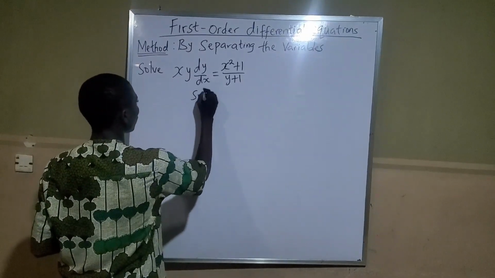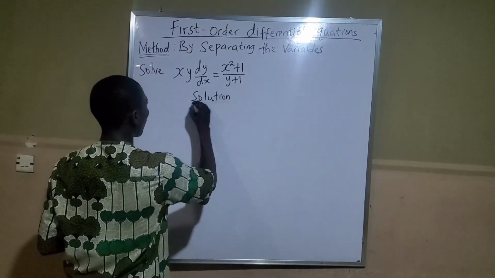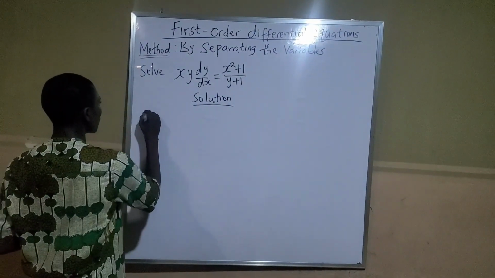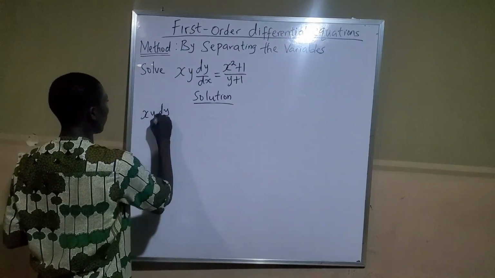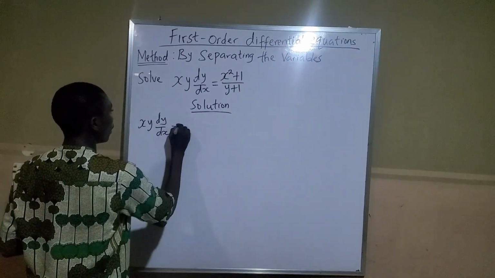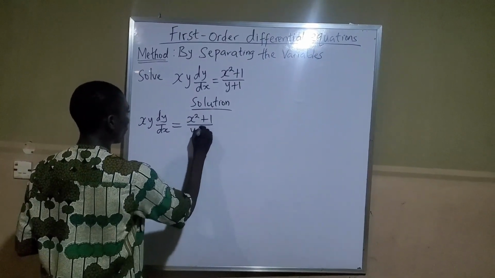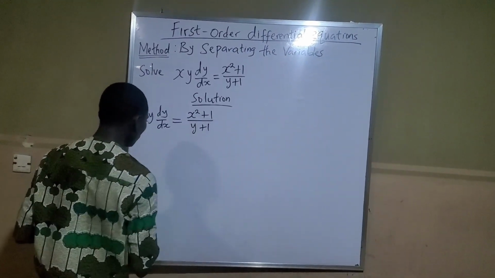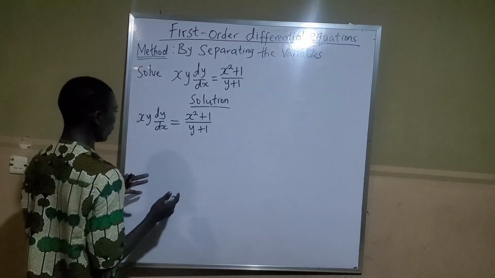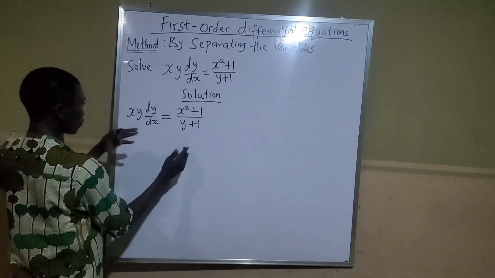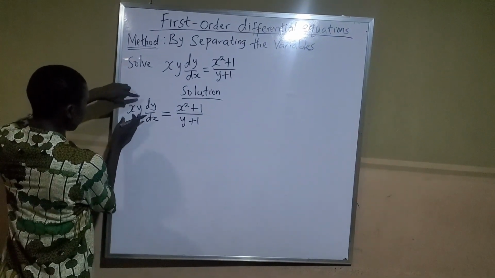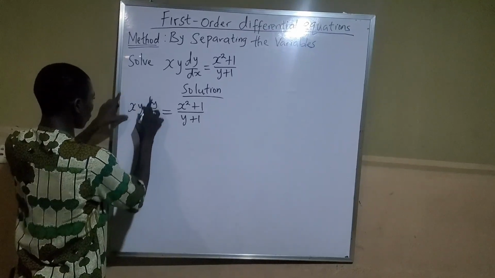We have solution. Okay, we have x dy/dx equals x squared plus 1 over y plus 1. So let's do it in this way. Let's cross multiply, or before I cross multiply, let me solve it in this way.